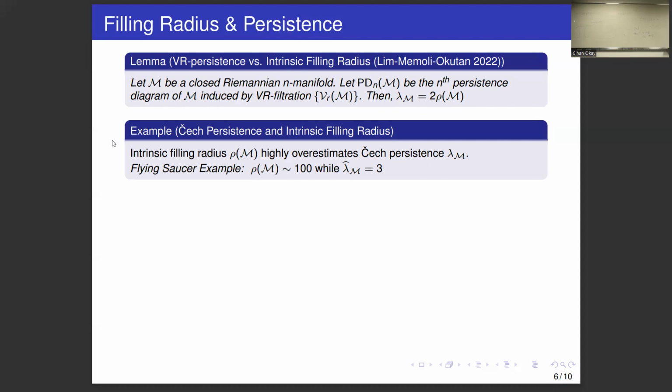All I need is pairwise distances, so I can construct my Vietoris-Rips filtration. And they showed that the persistence diagram gives you, for the fundamental class, this bar, 2 rho m. The lifespan of the fundamental class, the whole manifold, is exactly twice the Gromov's filling radius.